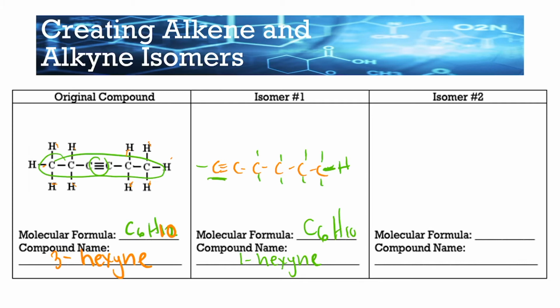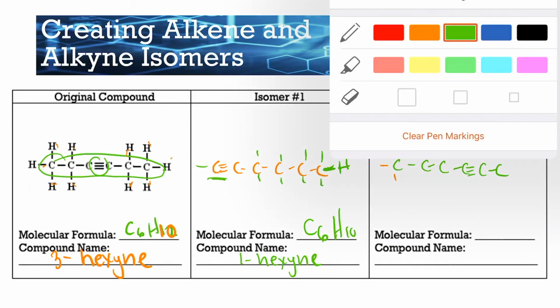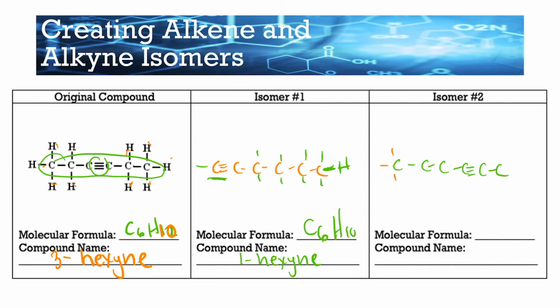One of the other examples that we can have is 1, 2, 3, 4, 5, 6. Let's put the triple bond there. And now I'll connect these. And now all these orange dashes are these H's. 1, 2, 3, 4, 5, 6, 7, 8, 9, 10.